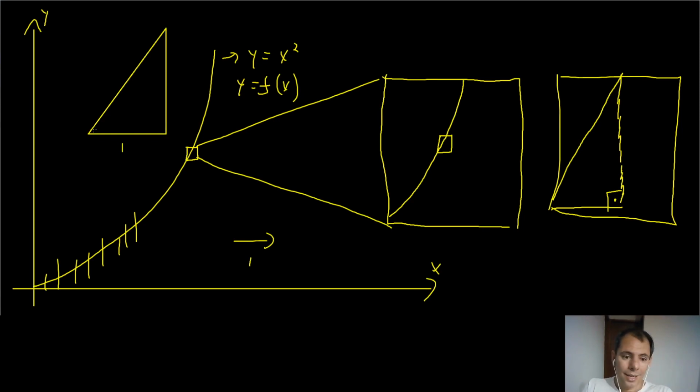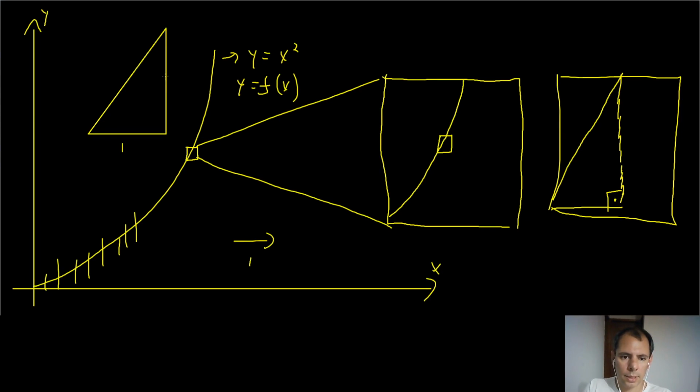Well, because this now can be considered a straight line, this thing is this thing here. So because this can be considered a straight line, what can you do? You can take the rise over run. So this divided by this is just going to be what? The slope of the straight line.